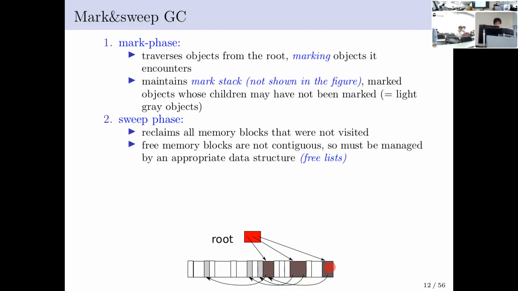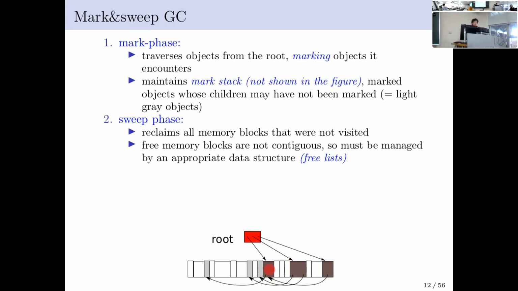You keep doing it on the third object to find that this one is also reachable from this object. But you also discover that this object has already been marked, so you don't have to work on this object again.